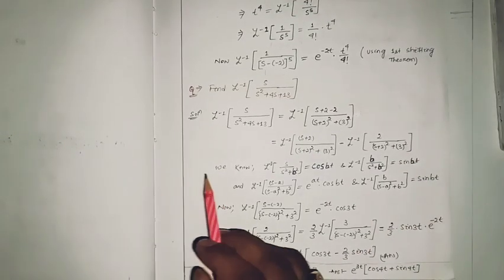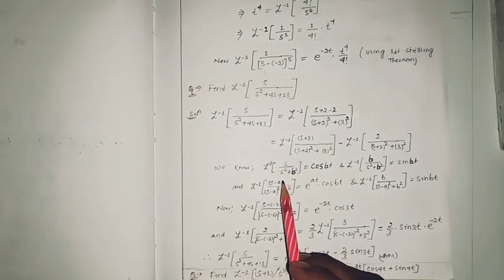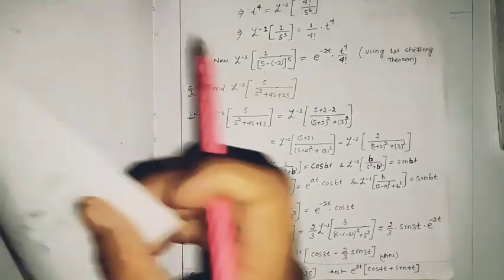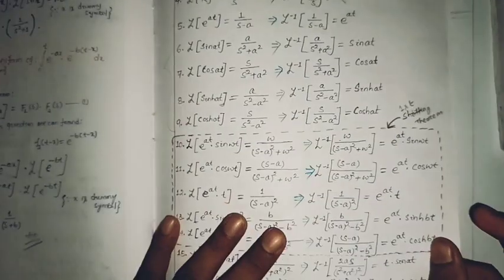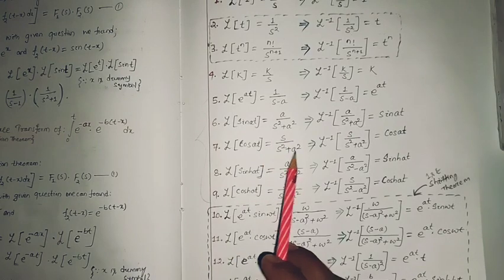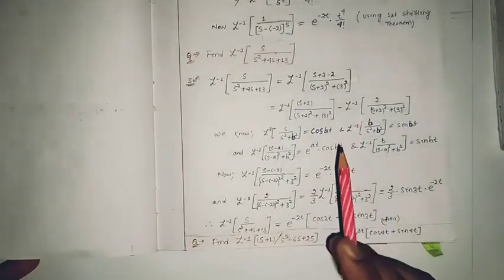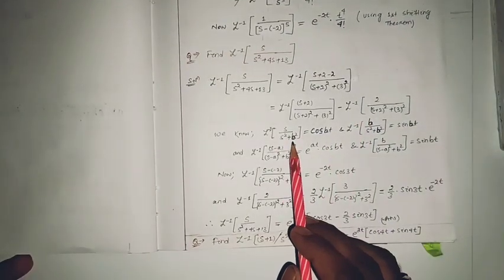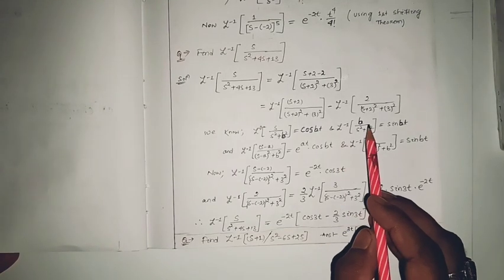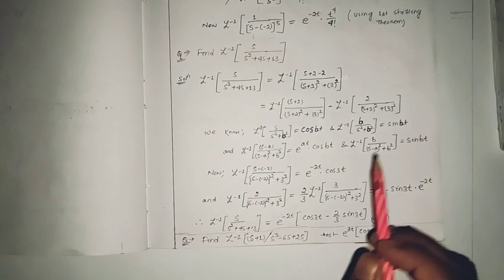Now here you can see the inverse Laplace transform of s by (s square plus b square) is nothing but cos bt. S by (s square plus b square) will be cos bt. The inverse Laplace transform of b by (s square plus b square) will be sin bt, that we know.